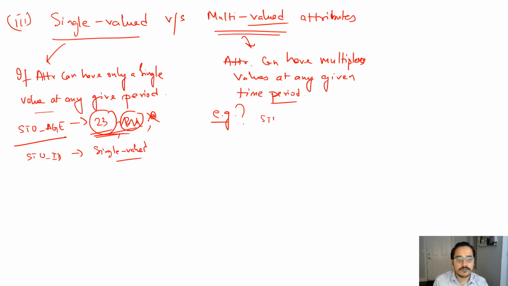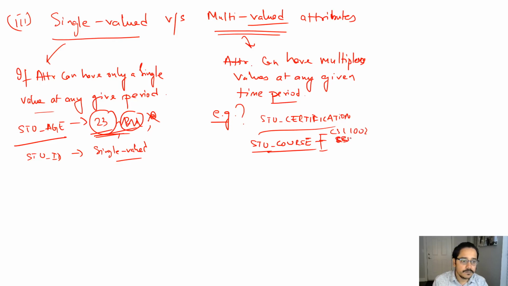If there is an option for, let's say, student certification, okay, we can say that student course could be an example of a multi-valued attribute, because at any given time period a student can take multiple courses. They can take, let's say, CSI 1002, CSI 3434, etc. Right? But necessarily we won't be implementing student course as an attribute.